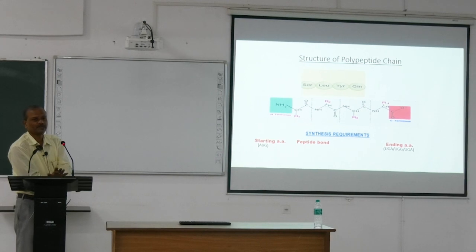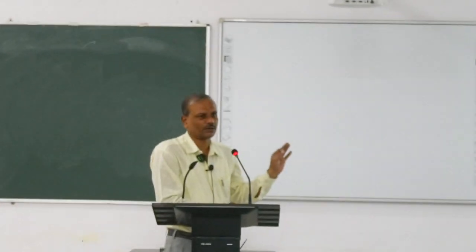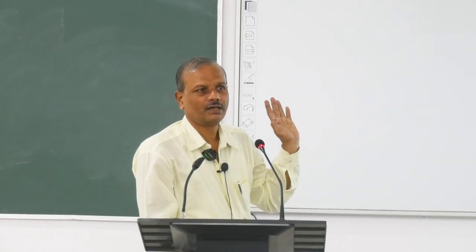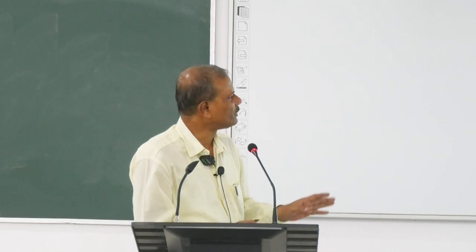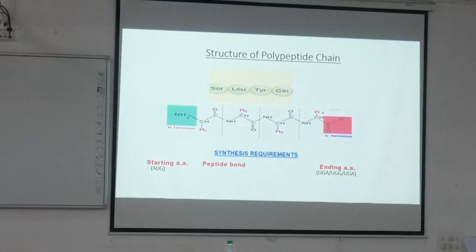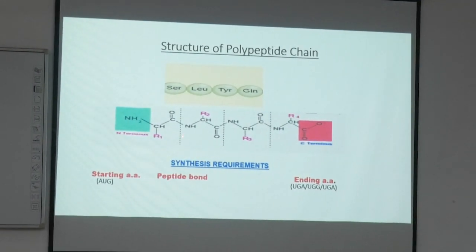Now today's class will basically discuss how we synthesize a polypeptide chain from the information available on the mRNA. If you recall, a polypeptide chain is a sequence of amino acids joined together by peptide bonds. There is a first amino acid, called the starting amino acid, and to add the second amino acid you require a peptide bond.